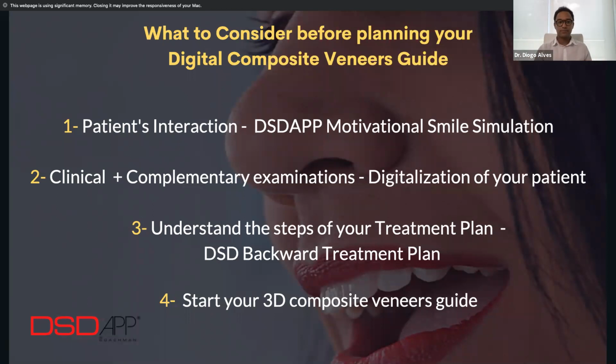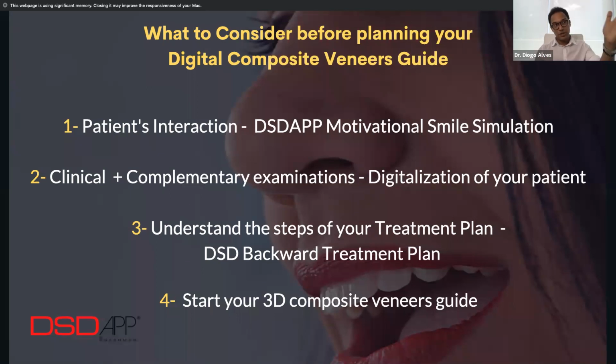And then you do the clinical exam to analyze the patient's clinical conditions and do the complementary exams. Once you digitalize your patient, you get a full understanding of your treatment plan. And that's what we call the backward treatment plan.